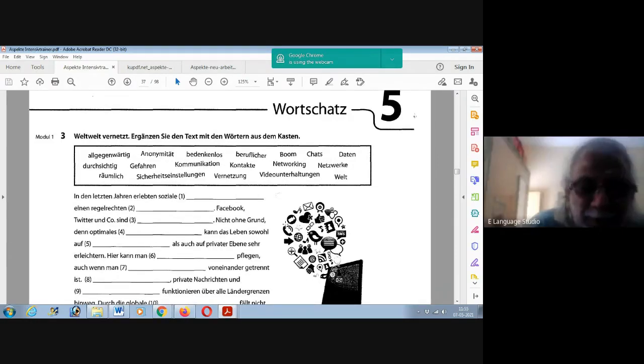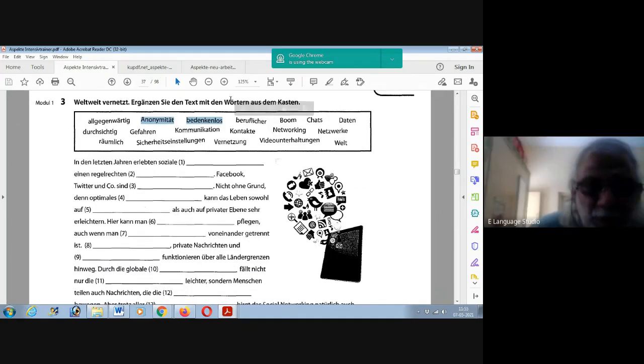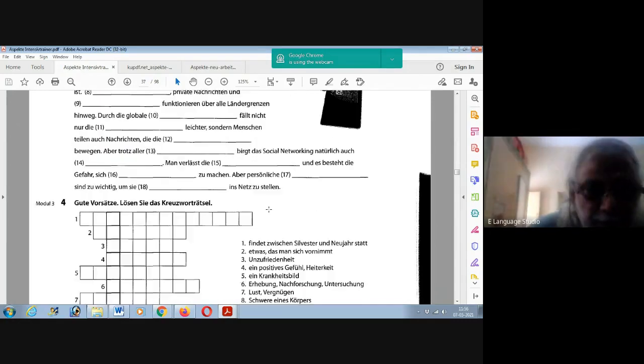We don't have too many words now. We have, I think, Anonymität, bedenkenlos, and then we have durchsichtig. I think these are the only three left over, according to my cancellations on my paper.